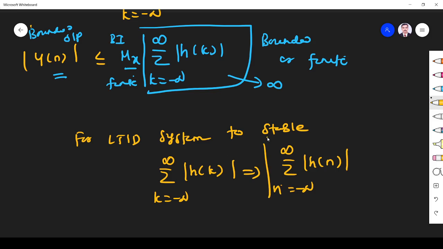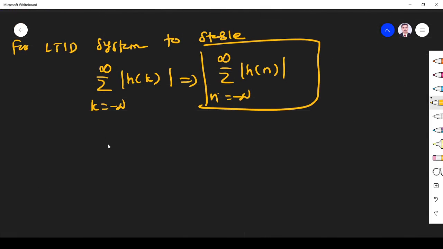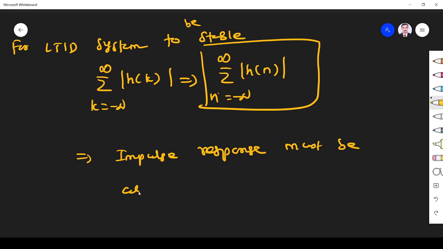So this is the condition. What is the meaning of this equation? H of n is the impulse response. This means for an LTI system to be stable, the impulse response must be absolutely summable.